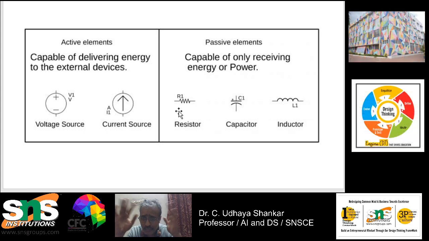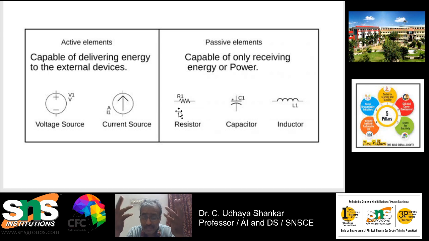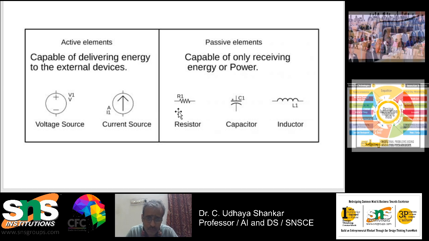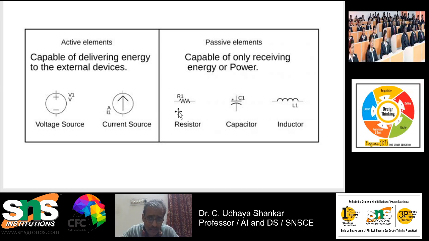The passive elements are nothing but resistor, inductor and capacitor, because they can only receive the power, they cannot generate the power. They can receive the power and give it back again, or dissipate it. That's why it is called a passive element. Whereas in active elements, like current source and voltage source, the power or energy can be generated. That's why it's called active.